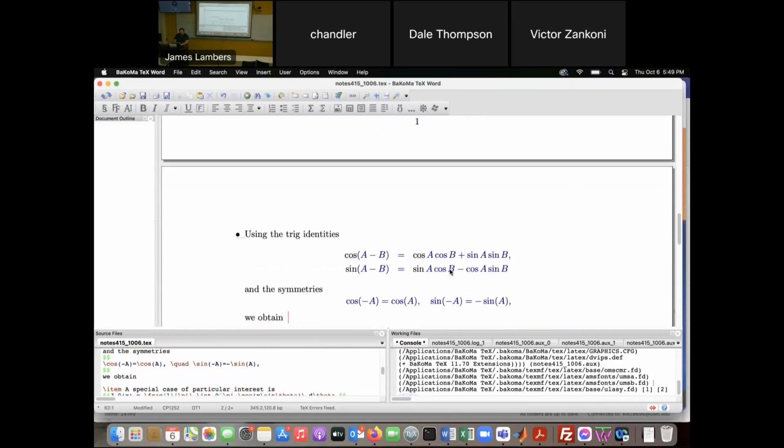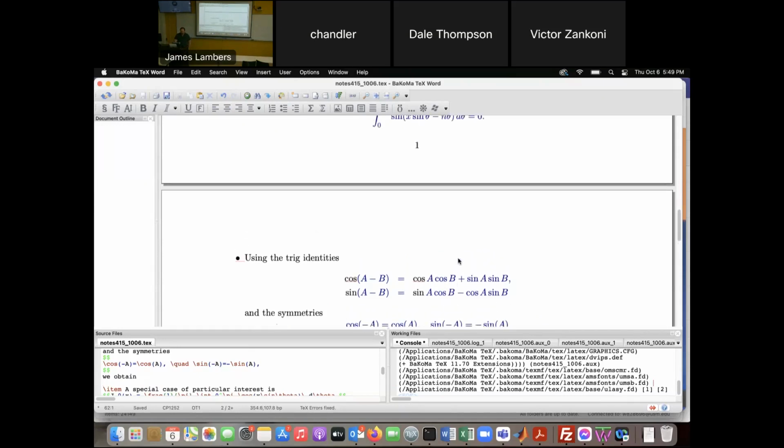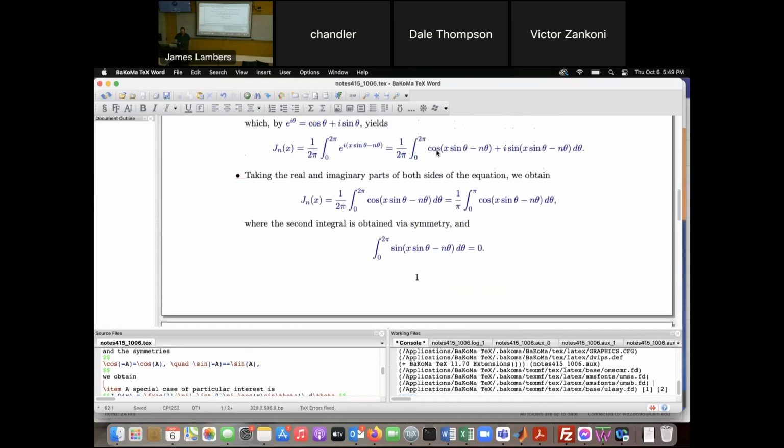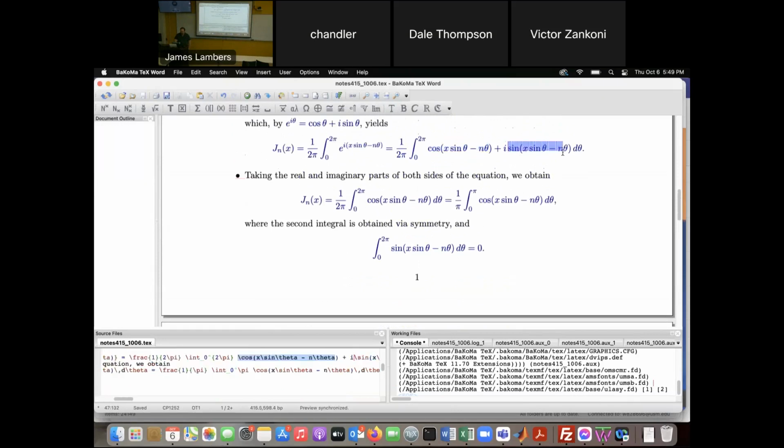Now I'm going to use these on both of these functions, cosine and sine of this strange argument, x sine theta minus n theta.